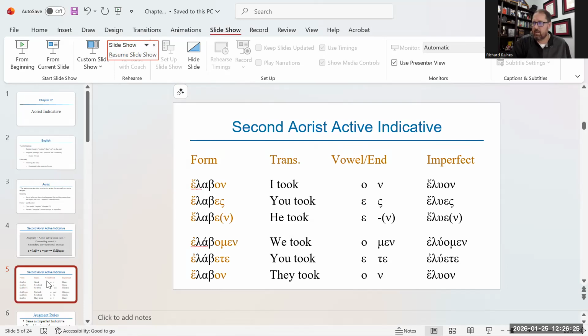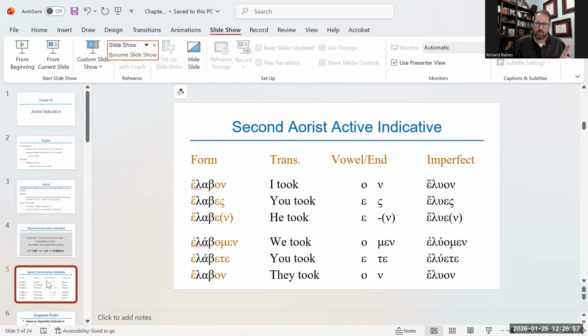So you can see that lambano becomes elaban, I took. Elabes, you took. So it's first, second, third person singular. Just as a reminder, elaban would be first person singular, and elabes would be second person singular.